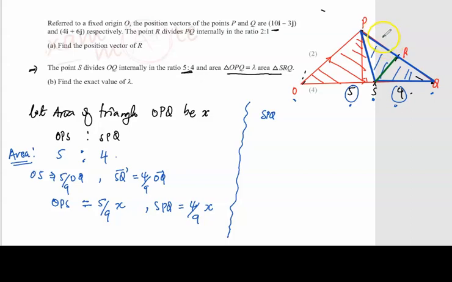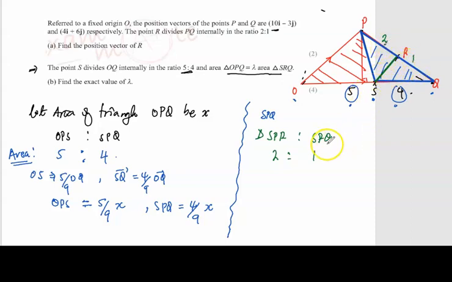That means the ratio is 2:1. The area of SPR to the area of SRQ is going to be 2:1, because they have the same height and share the same baseline, but with different lengths in the given ratio.